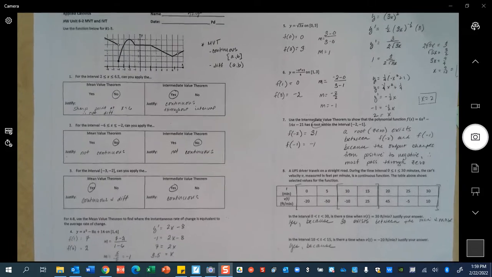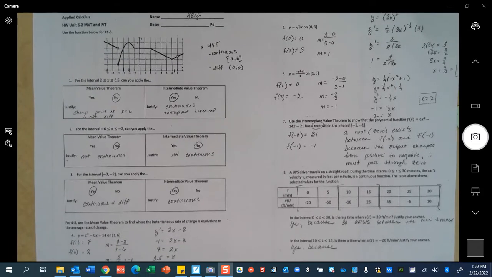Your mean value theorem, we need the function to be continuous across the interval and differentiable. The only difference between continuous and differentiable is whether or not you have a sharp point, right?